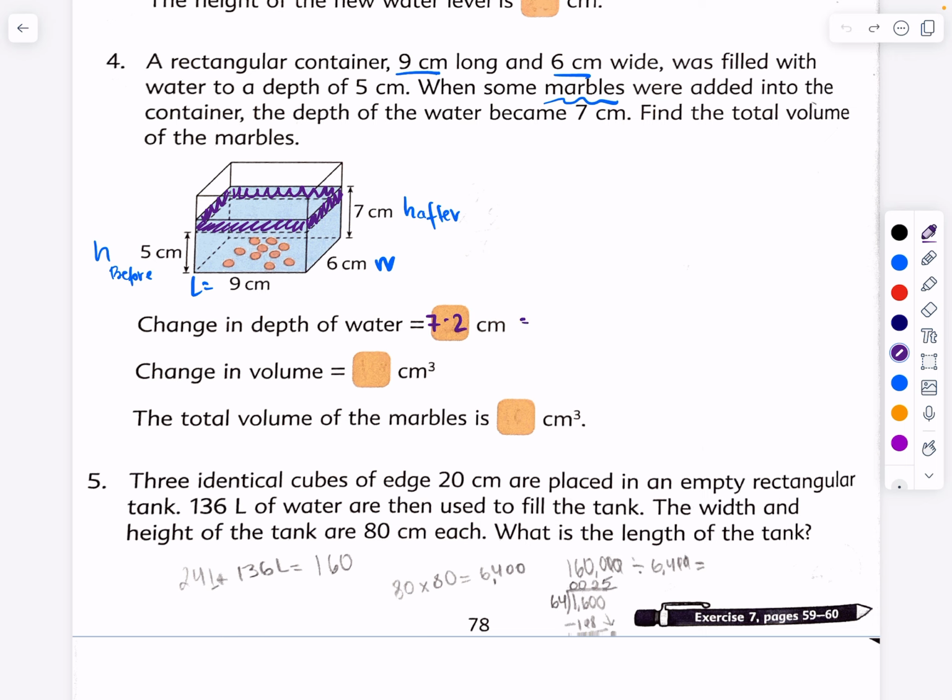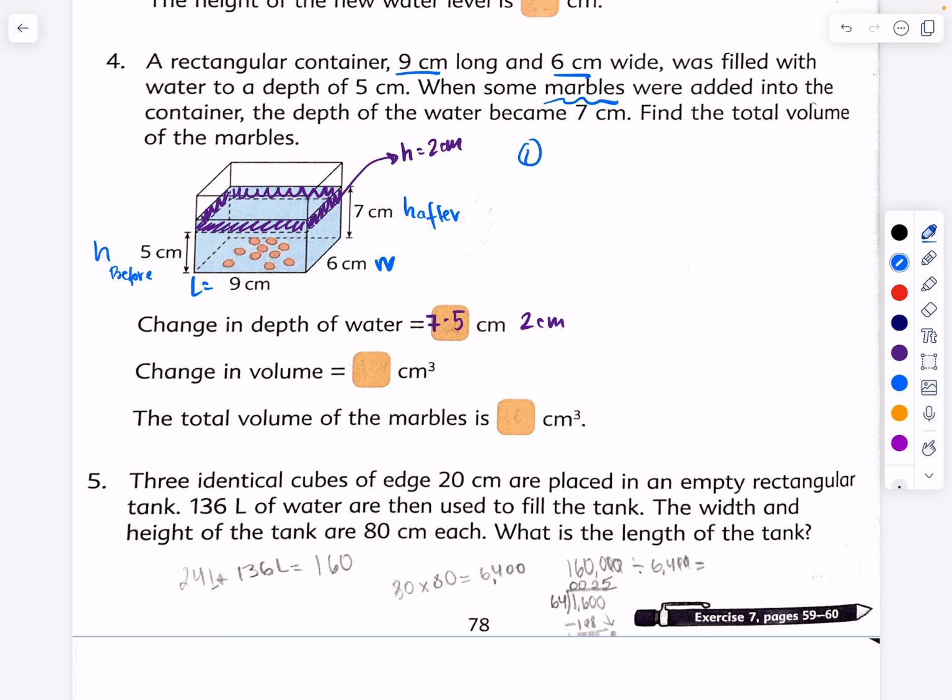I'm so sorry. 7 minus 5 is 2 centimeters, which means this height equals 2 centimeters of this purple water that was displaced as a result of the marbles. Therefore, find the total volume of the marbles. Well, it's a multi-step process.